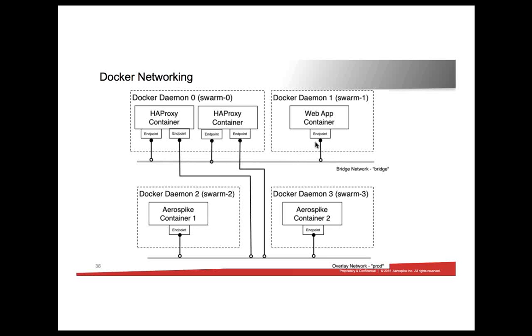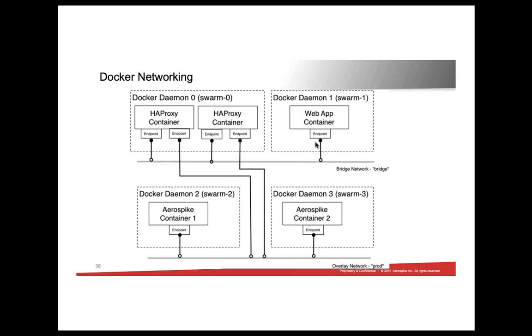In this particular example, we're going to be running 4 Docker engines, and as you can see, they're labeled Swarm 0 through Swarm 3. And inside each one of those Docker engines, we're going to have various containers running. As you can see on the bottom layer, we're going to have a number of containers that are running Aerospike ultimately, a number of containers that will be running the web containers, as well as our HA proxy.